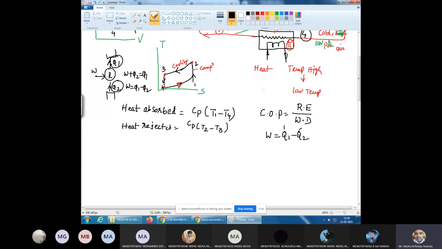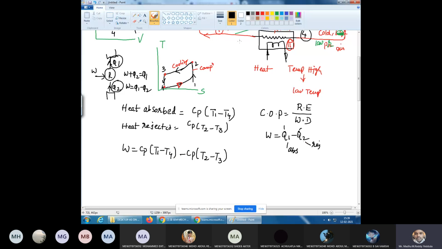So therefore I can write: this is the absorbed heat, and this is the rejected heat. Therefore W equals Cp into (T1 minus T4) minus Cp into (T2 minus T3). Is this clear? Work done.